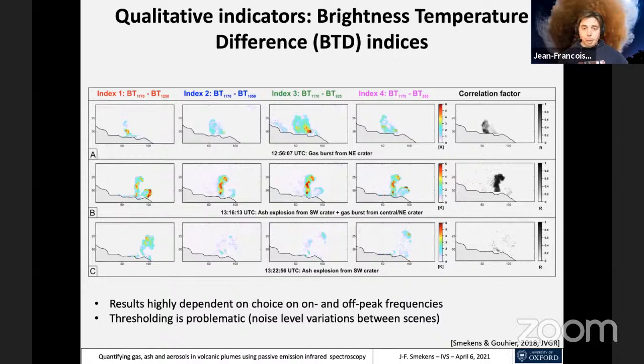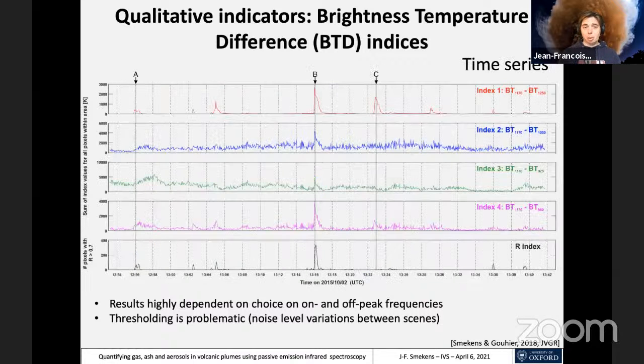And so the thresholding is also problematic because the noise level can vary between scenes over the course of a time series. Finding a good threshold for those brightness temperature difference indicators can be difficult.